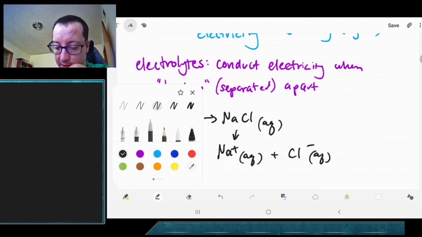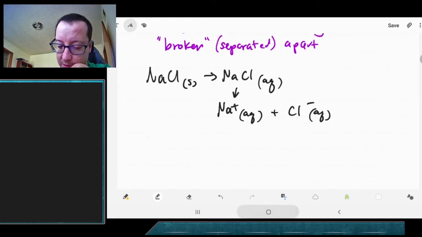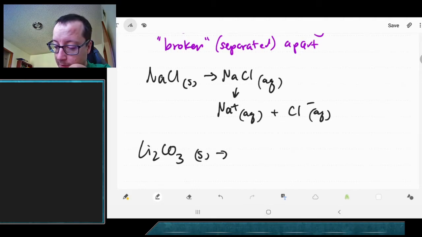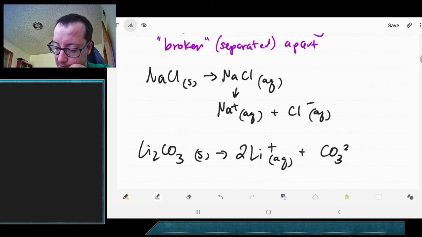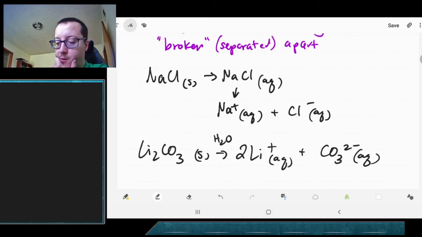If we look at some of the other examples we saw, lithium carbonate. That's going to break into 2 lithium ions plus the carbonate ion when we dissolve it. So if we put this in water, we end up dissolving our lithium carbonate, and it's going to break apart into its ions.